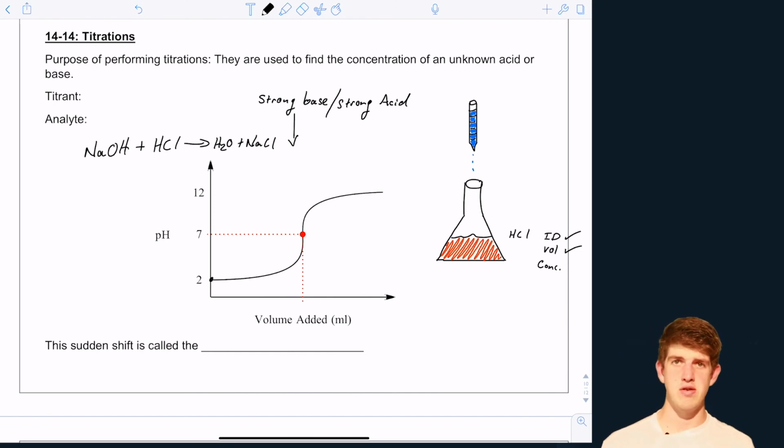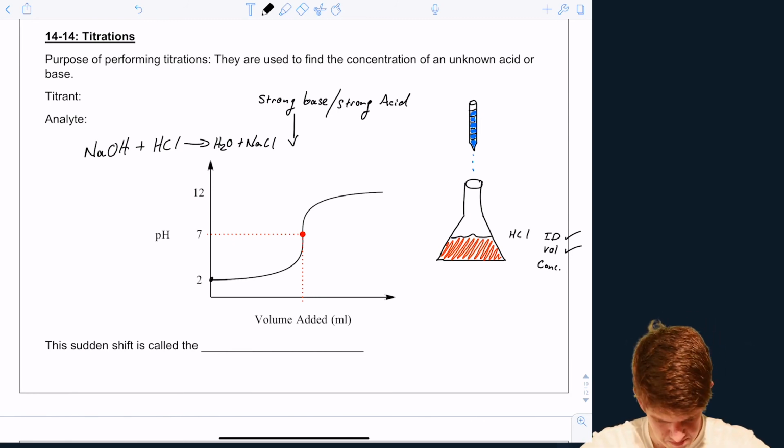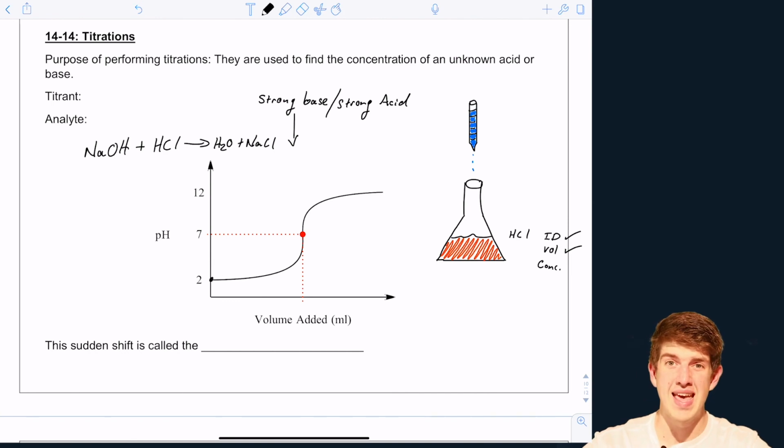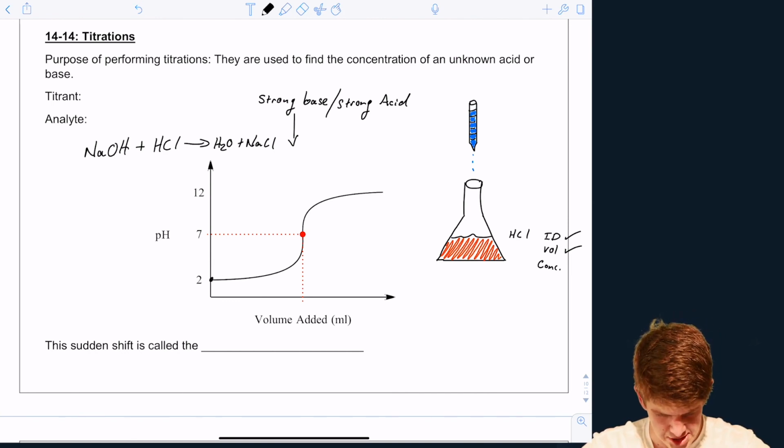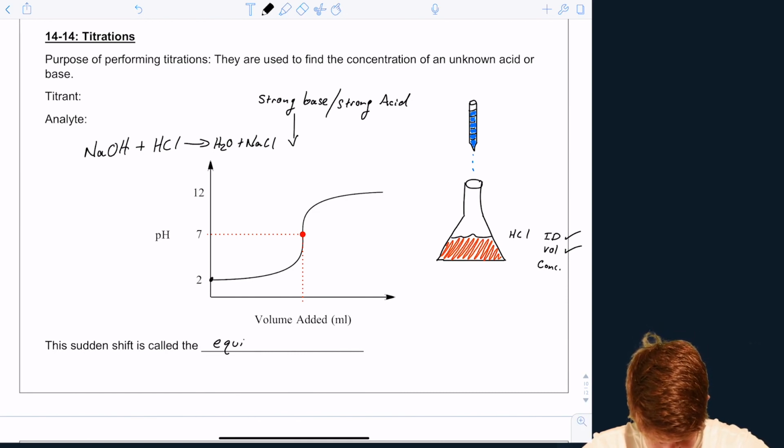So at the neutralization point, I have only H2O, and only H2O is going to have a pH of 7. When I have this cancellation of NaOH and HCl, that point on the graph is going to be the equivalence point.